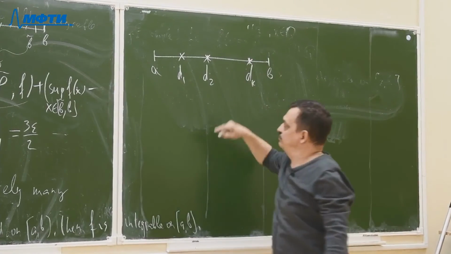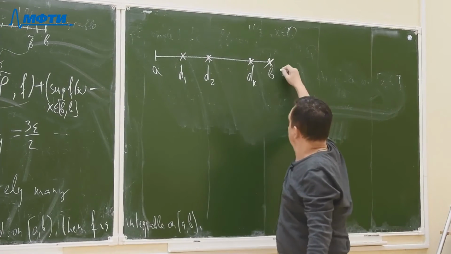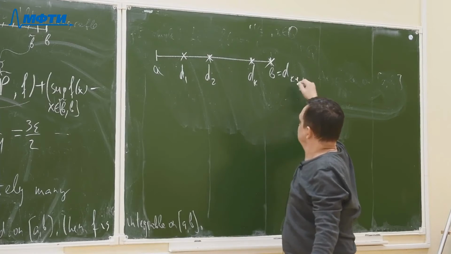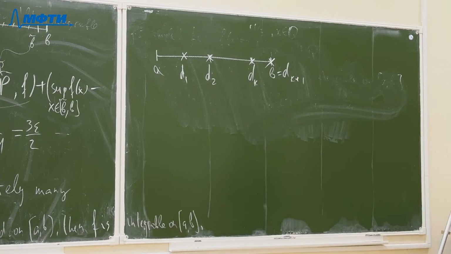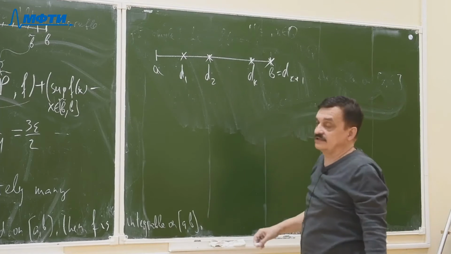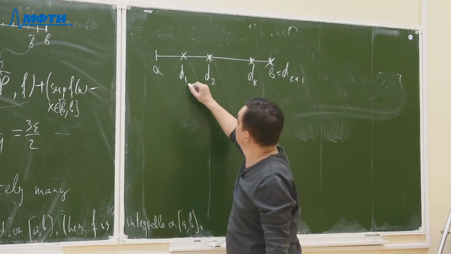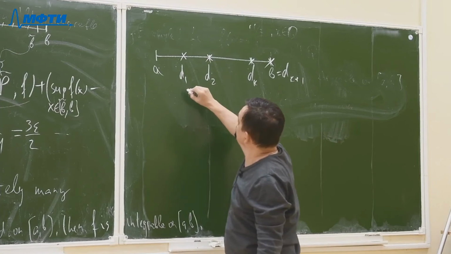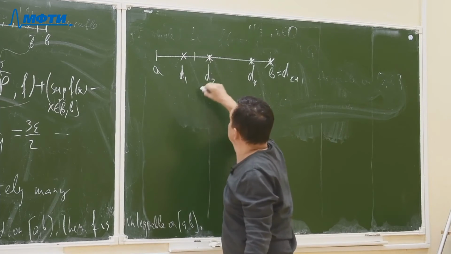Some of them may be at the endpoints, also maybe dk plus 1, doesn't matter. Then what do we do? Look, I'll separate it into several intervals.